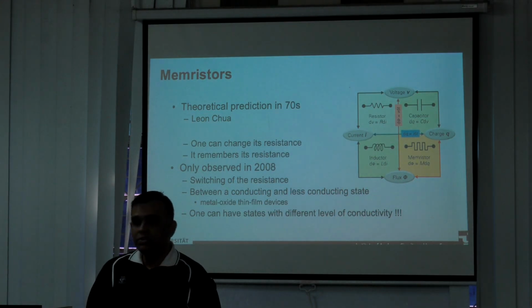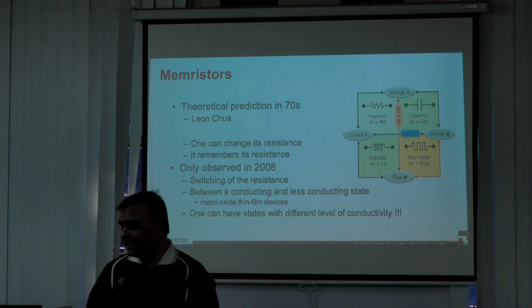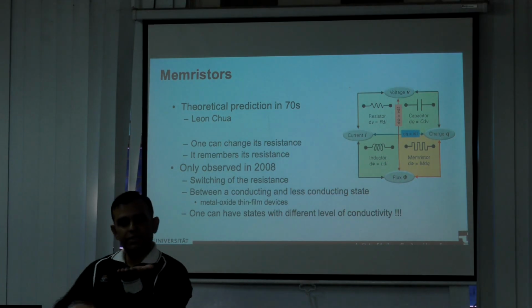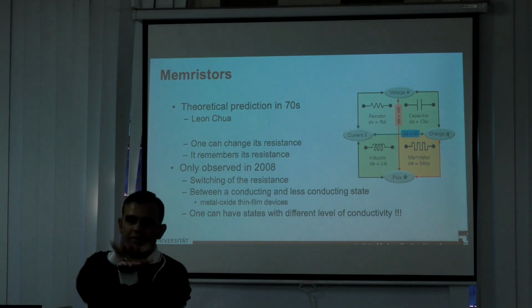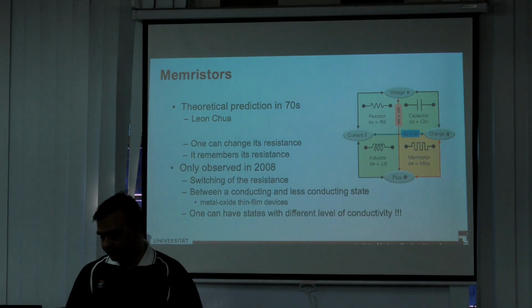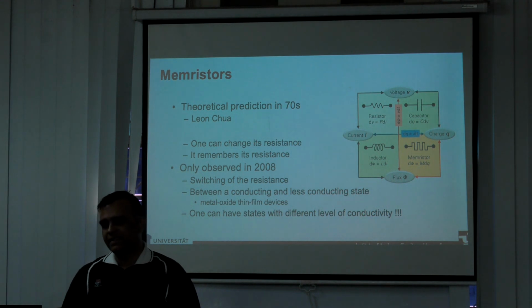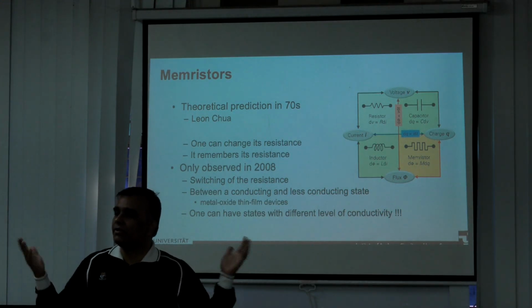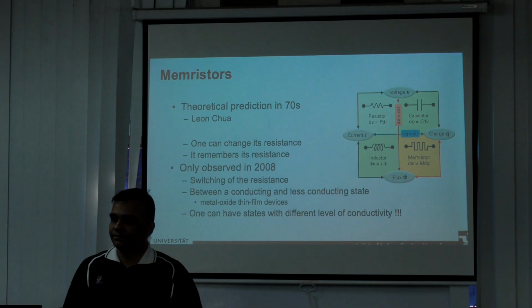HP was able to show similar behavior in very thin stacks made of metal oxide. If you had two conducting layers on top and metal oxide in between, they saw similar behavior. The beauty of these devices is that you apply a high voltage, their resistance changes, but the resistance remains that until you apply a very low voltage.